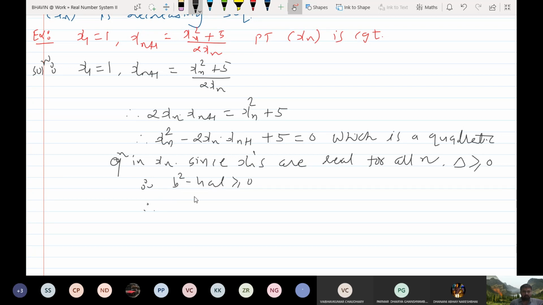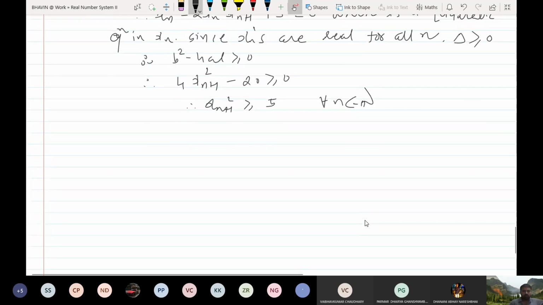Now what is b square? It is 4 (xn plus 1) square minus 20 greater than or equal to 0. Since c is 5, therefore xn plus 1 is greater than or equal to √5, and this is true for all n in N. So therefore you may take that xn square is greater than or equal to 5.